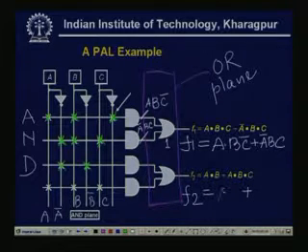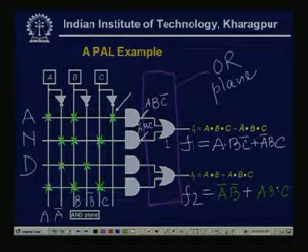So, the first one is A bar, B bar. Now, the second input of the OR gate is A, B and this is C. So, this is A, B, C.